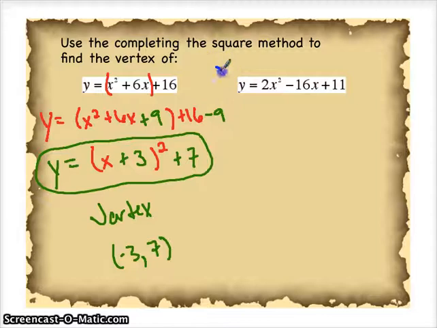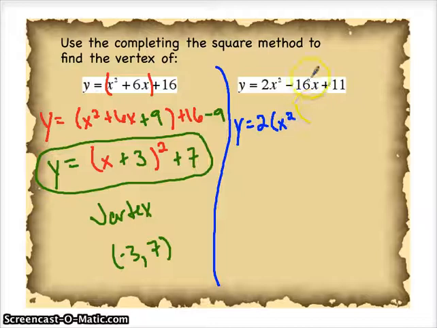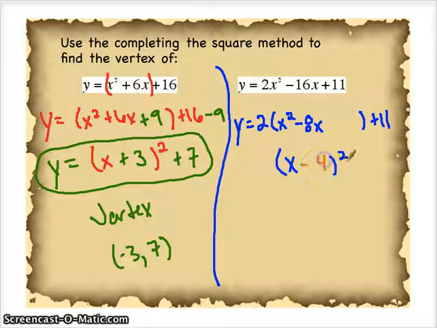Let's go ahead and do the same thing over here on the right. Now, y equals, I'm going to leave the 2 outside the parentheses, but remember, because negative 16 is inside, I also need to divide out a 2 from there, so this makes a negative 8x, leaving 11 again on the outside. Go ahead and complete the square, so I'm going to make a perfect square model down here, cut my 8 in half, making that negative 4, adding 16 inside.